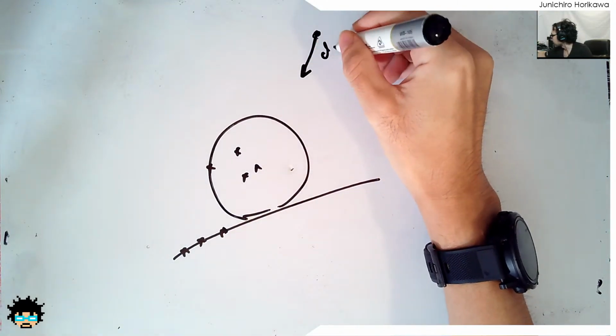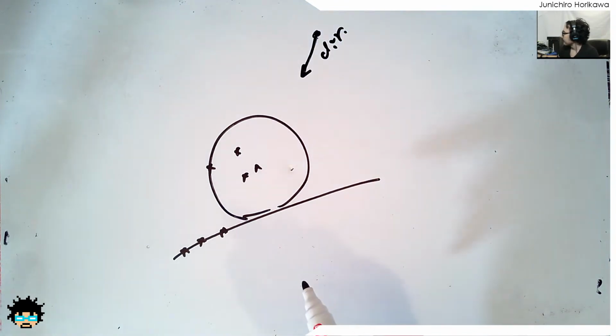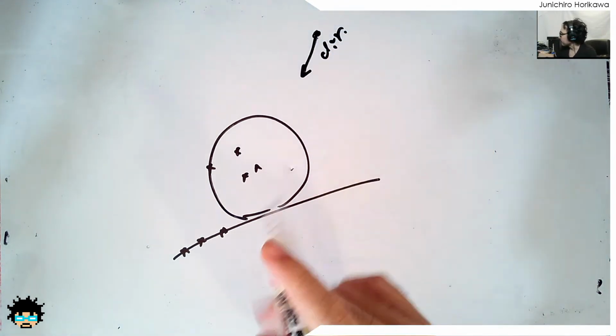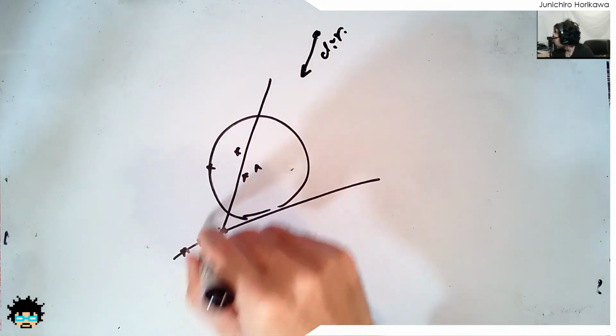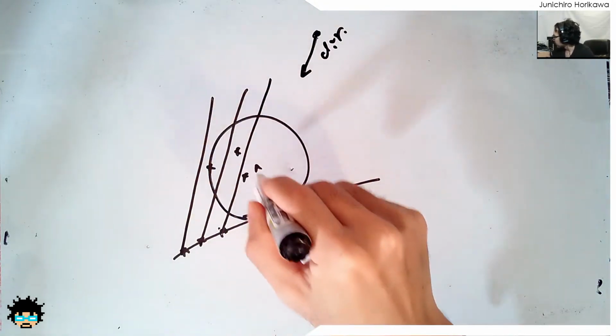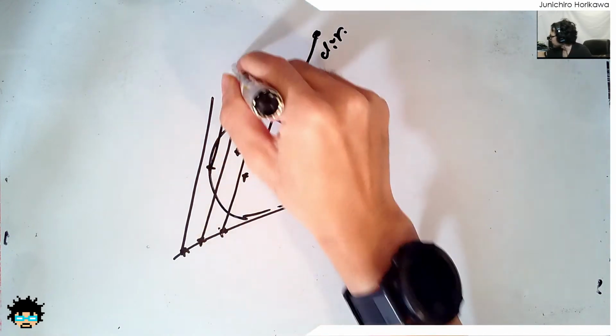Like let's say this is the sun direction, and using the negative direction of the sun, I'm going to cast a ray like this to that direction, right?